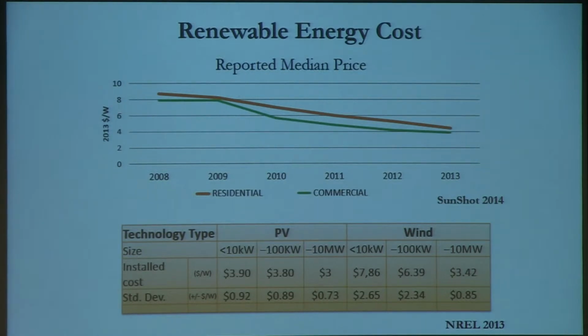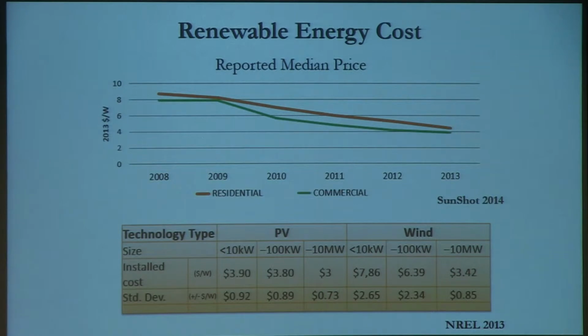However, what is most important about what is happening with distributed generation is the reduction in costs, and there was a mention earlier about the reduction in solar installation costs between 2009 and 2013. The per watt installation cost has been reduced by 50%. So in 2013, the cost was about $4 per watt installed, whereas in 2009 it was about $8 per watt.